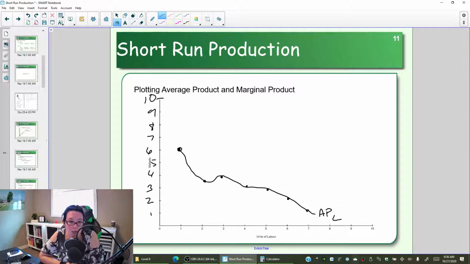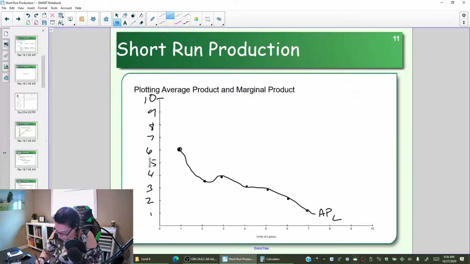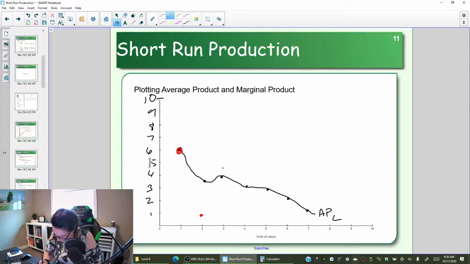We want to plot that information on the same graph as our average product, because we said that when we look at the shape of average product, in order to really understand it, we also need to understand what's happening with marginal product. So let's graph that information for marginal product. So we look at 6, 1, and then above that one at 4.